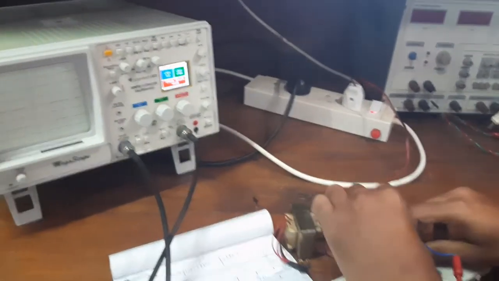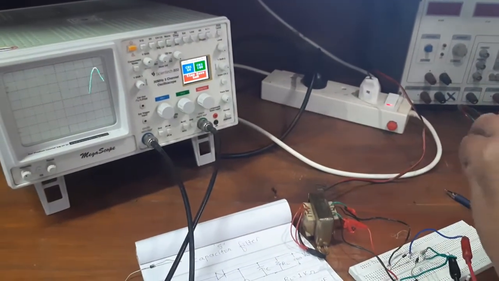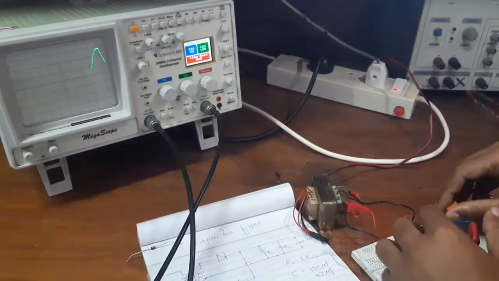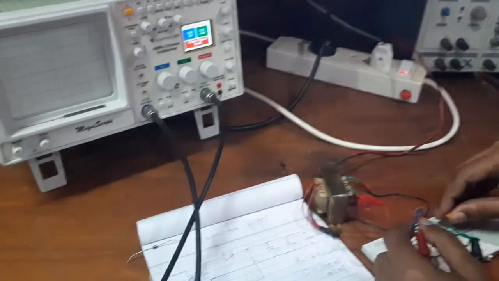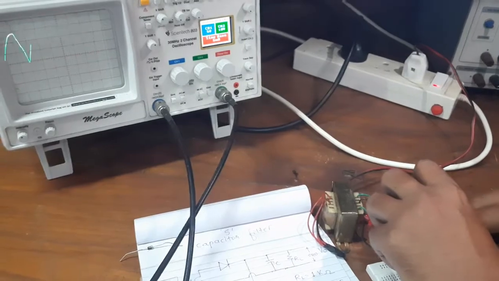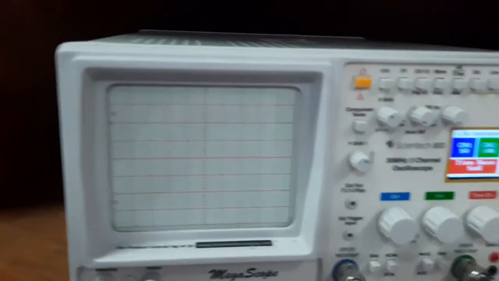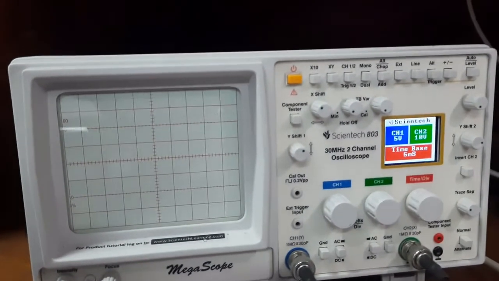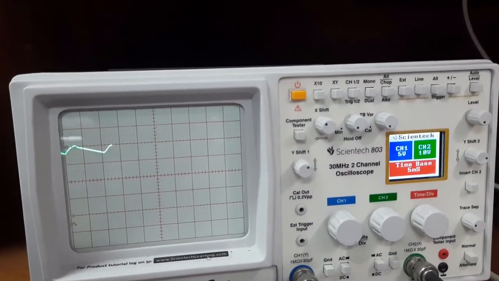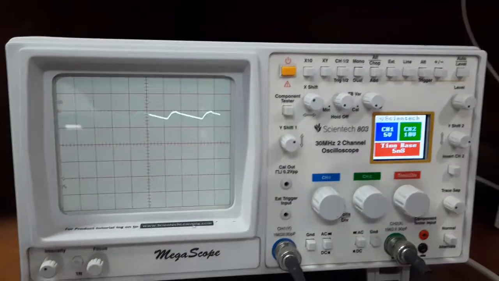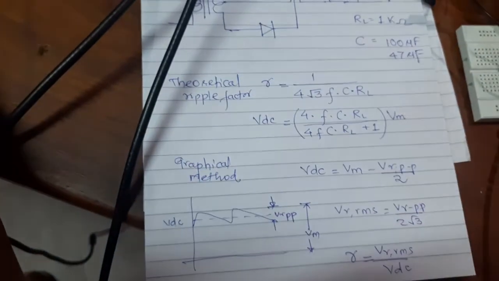You need to put it properly. Okay, so this is the filtered output which you can see. Now you have to calculate this VR peak to peak. It is very simple to calculate.